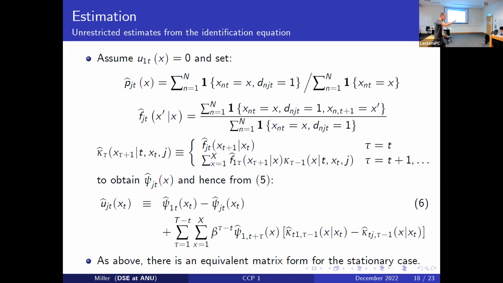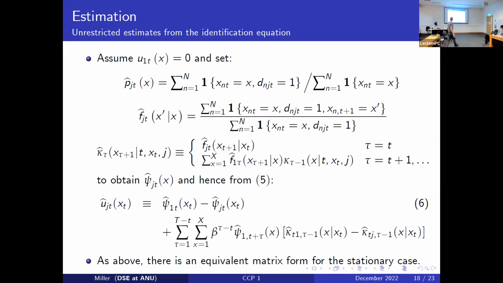And we have a bunch of x's, and the utility of each u depends in some special way on the x and the j. In other words, you haven't imposed any parametric assumptions on the utility yet. Okay?